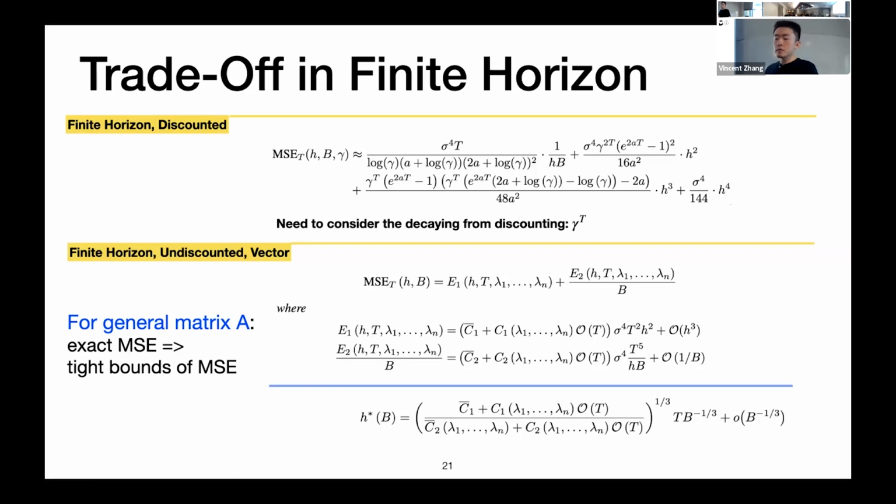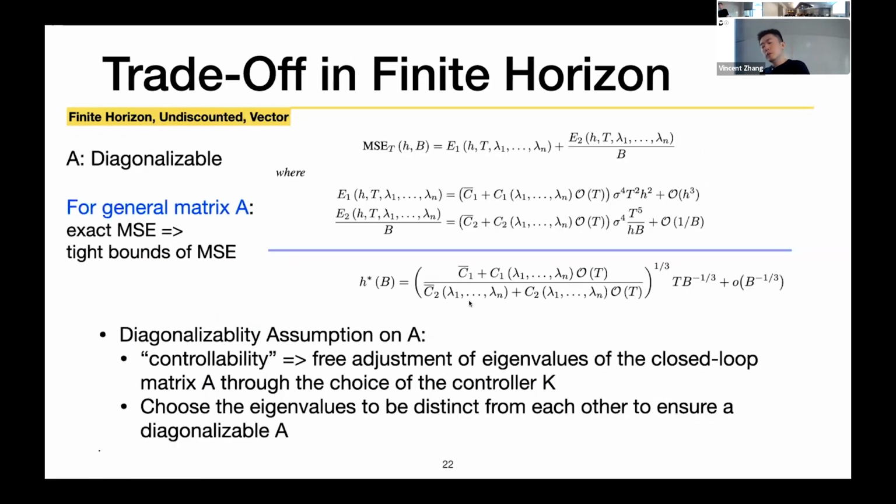Now we have matrices, and the assumption here is that the system matrix A is diagonalizable, just to make it easier to analyze. But if we go from diagonalizable to a general matrix, that's not necessarily diagonalizable, we can still analyze it, but we have to forego the exact MSE. Instead, we can have tight bounds. And the order would be the same as you're seeing here.